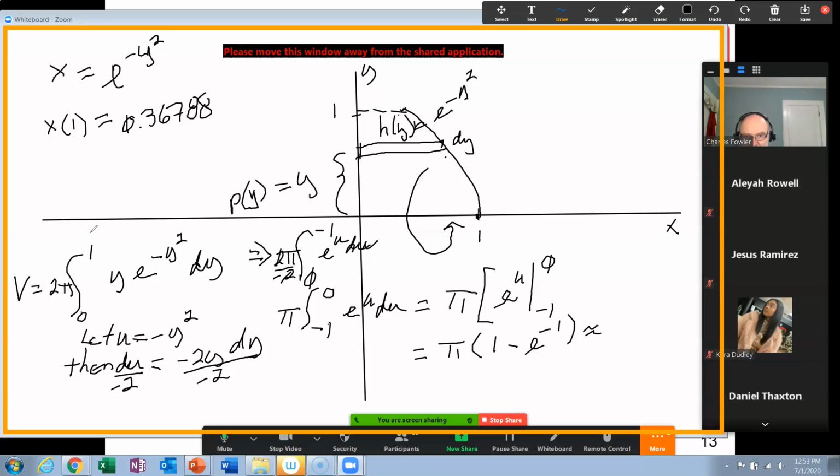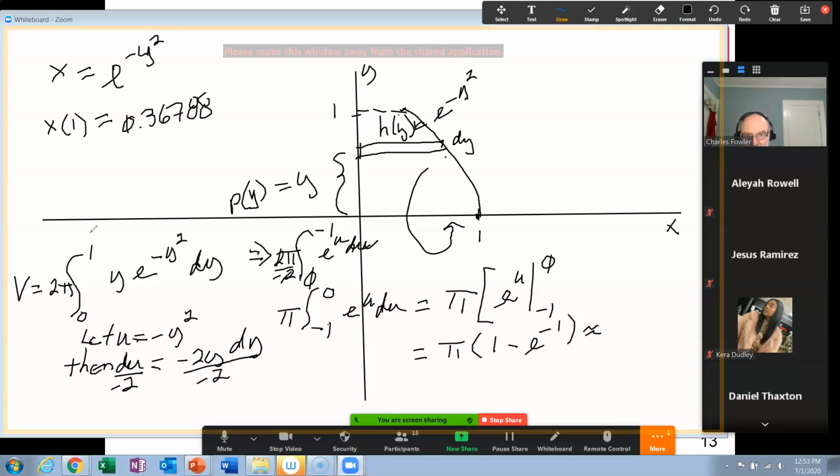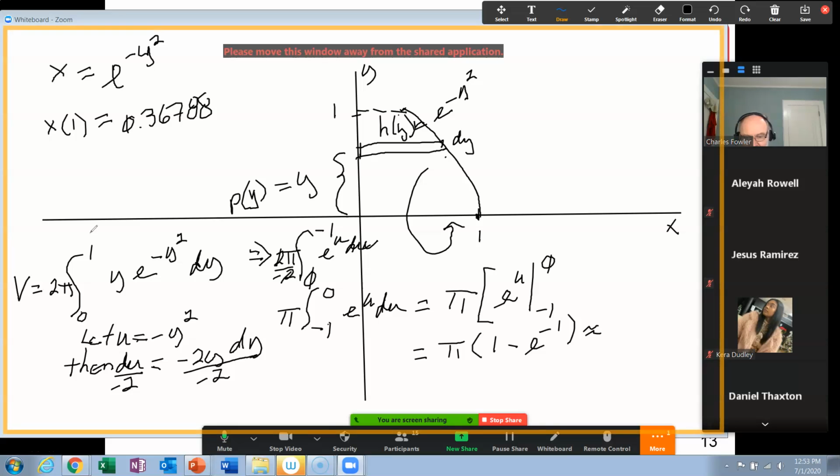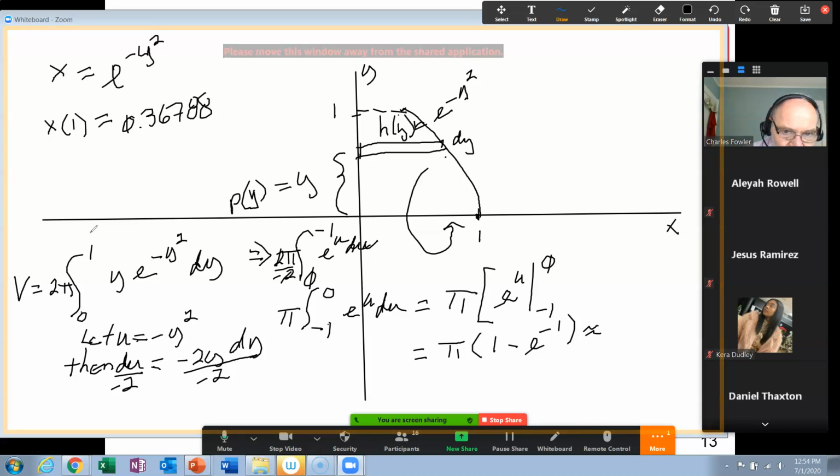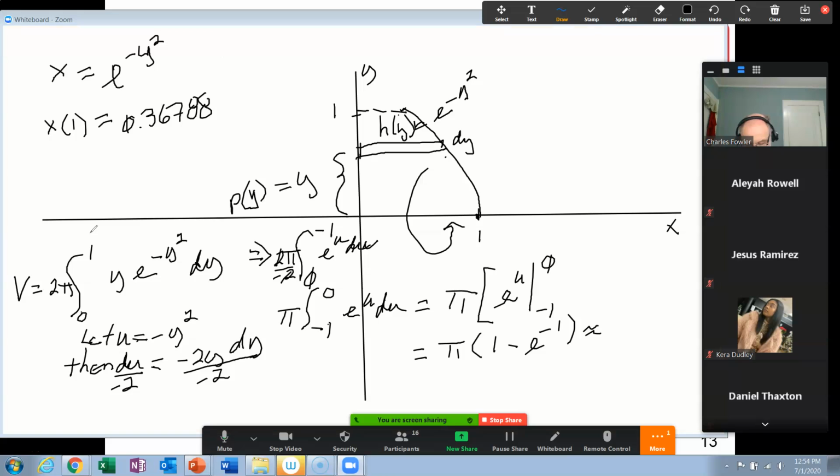So you can do it the way it's written here: pi times, open parentheses, 1 minus, and then we put a 1, negate, and raise e to that, close my parentheses and press equal. And I get something pretty close to 2, 1.986. That's what the book got. That's what I got. So that is the answer. Pi times 1 minus 1 over e. That's another way to express it.